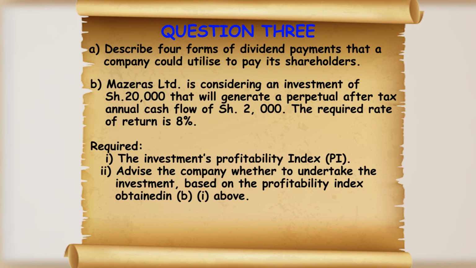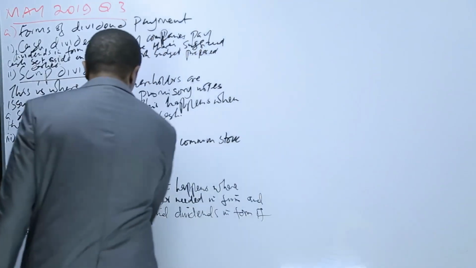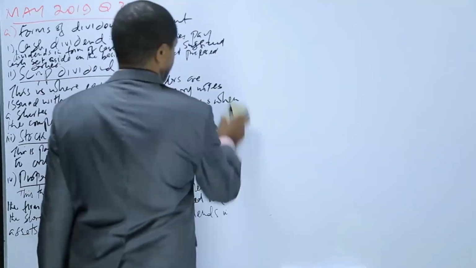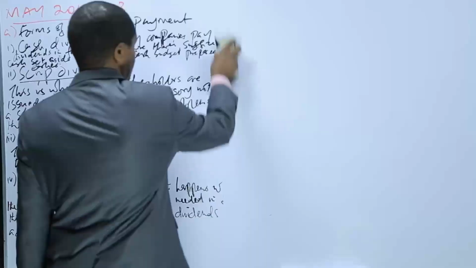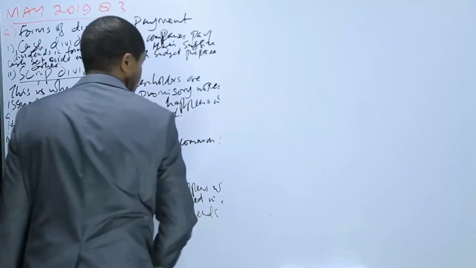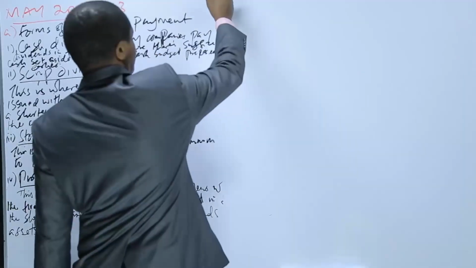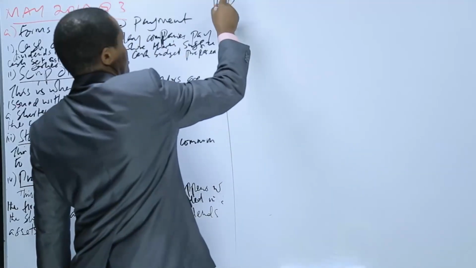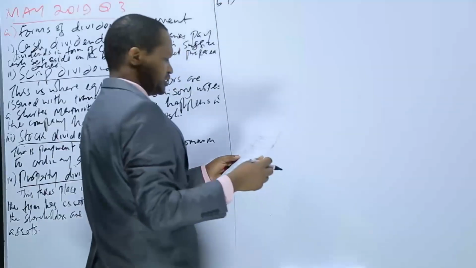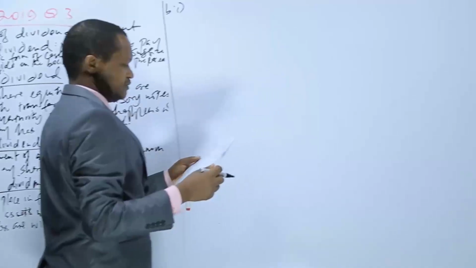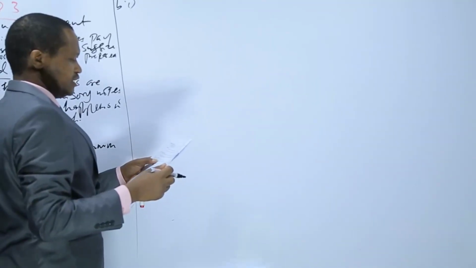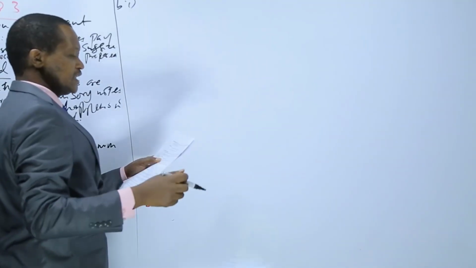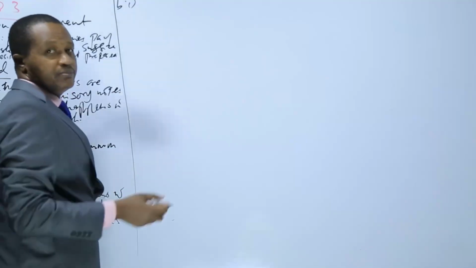So how do you calculate the profitability index? This is part B, Roman 1. The question is the investment's profitability index, PI.